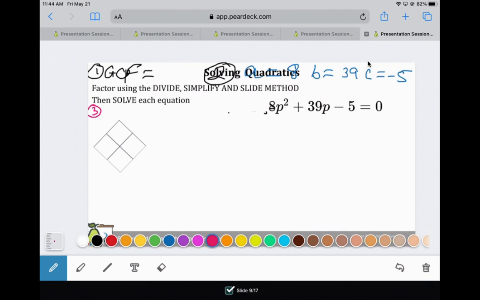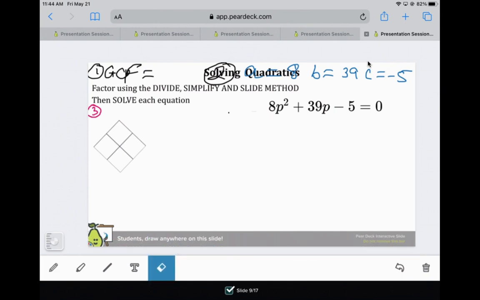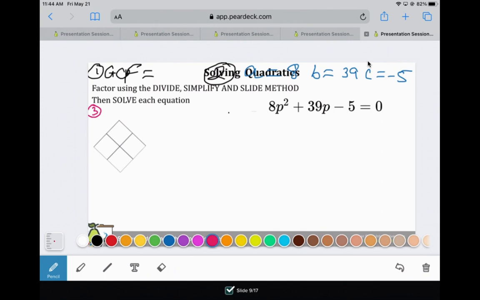Feel free to stop me at any step, like, Miss Nguyen, what did you just do? Because this one I'm just reviewing with all of you. The ones who are ready to do the work, just go ahead and do it. Just stop me anywhere that you feel like you're missing something or you're lost, let me know. So step 3, I'm going to fill in this diamond, A times C and B. A times C, which is 8 times -5, is -40.